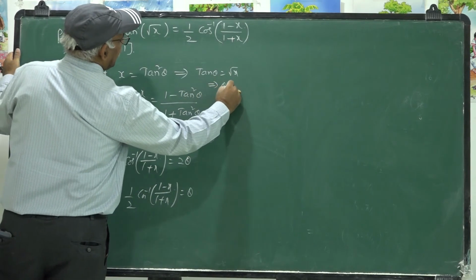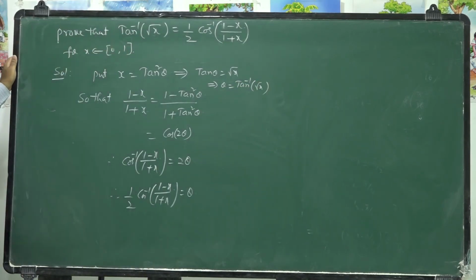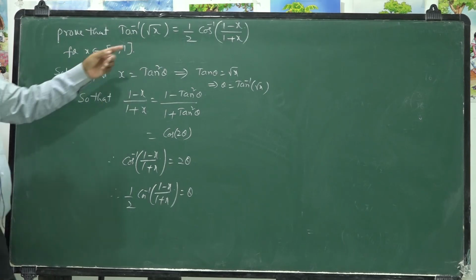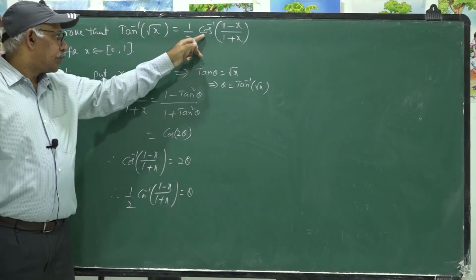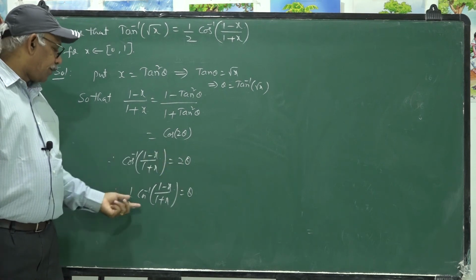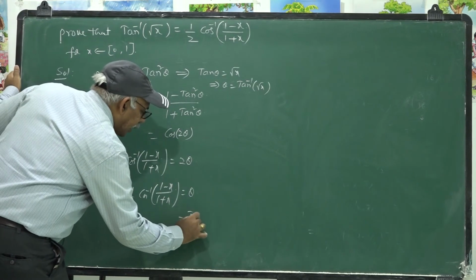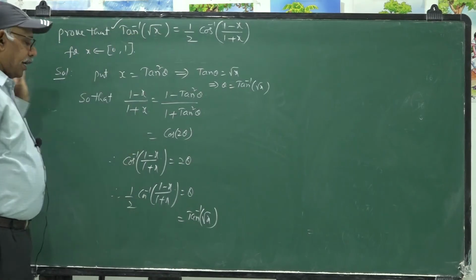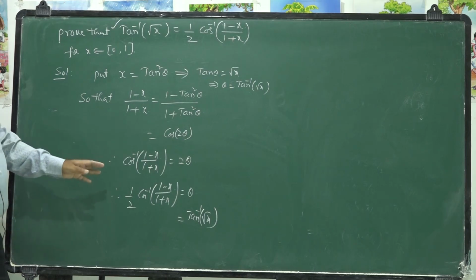So that implies theta equal to tan inverse root x. So once taking x equal to tan square theta, this 1 minus x by 1 plus x becomes cos 2 theta. So that cos inverse of cos 2 theta becomes 2 theta. Hence half cos inverse of 1 minus x by 1 plus x equal to theta, which is nothing but tan inverse of root x. Hence the required result, tan inverse of root x equal to 1 by 2 cos inverse of 1 minus x by 1 plus x.